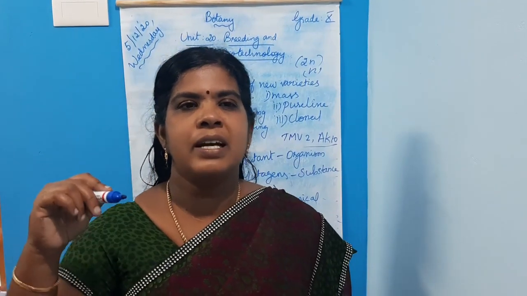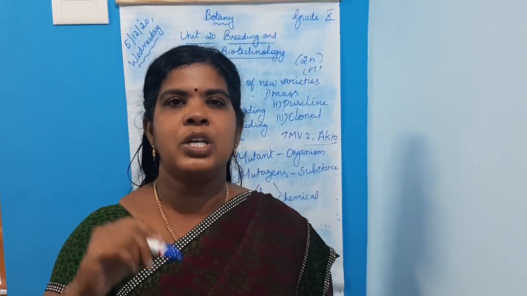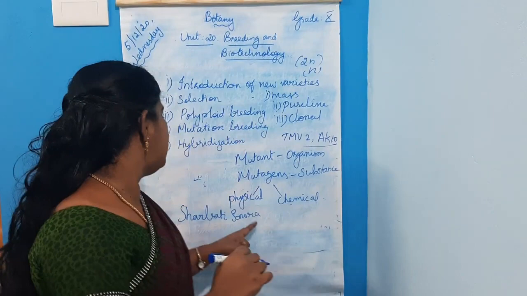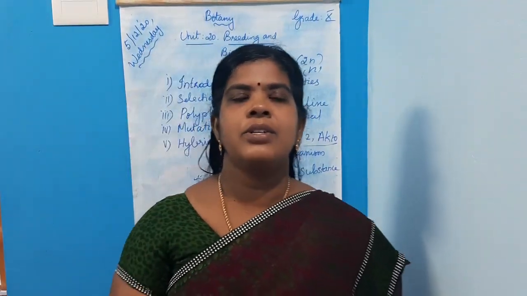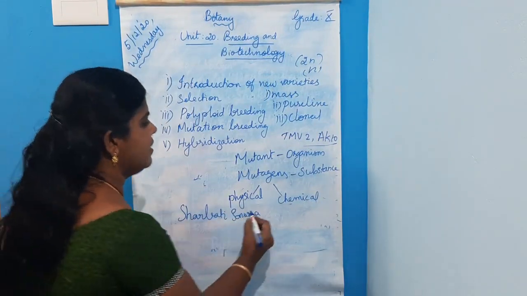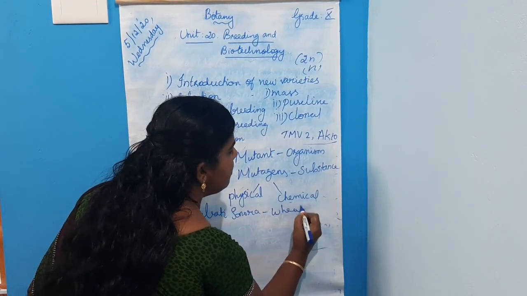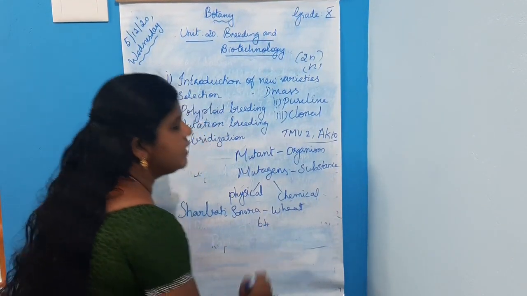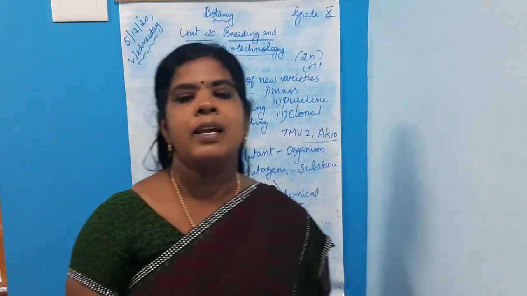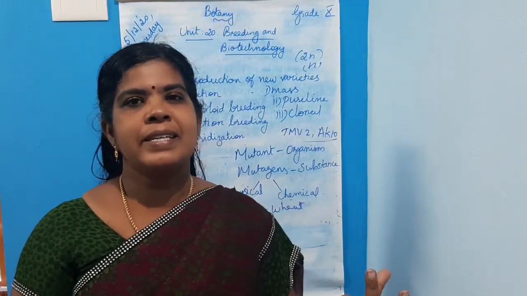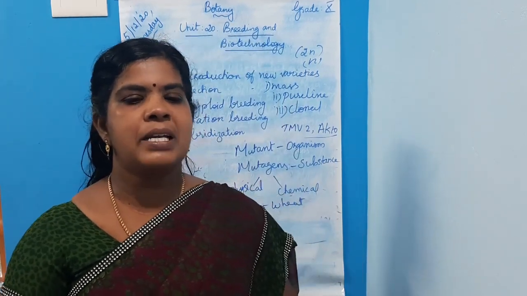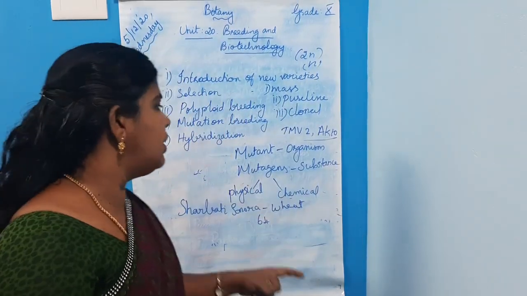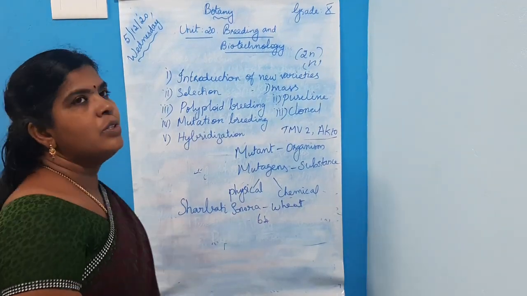By using gamma rays in Sonora 64, a new variety is produced, that is Sharbadi Sonora. It's a wheat variety produced from Sonora 64 by inducing the physical mutagen, that is gamma rays.